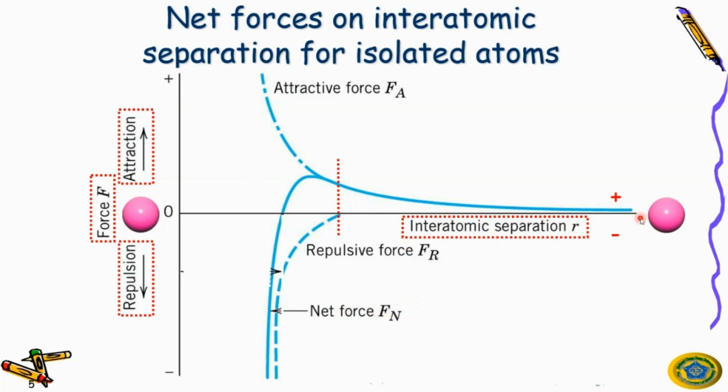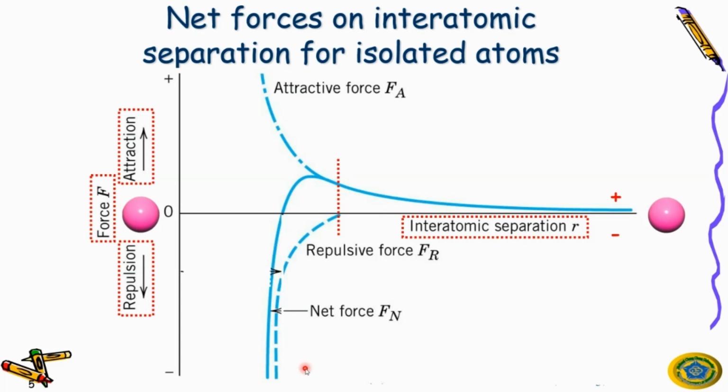According to this plot, the net force increases until a certain point, then it starts to decrease. Why? Because the repulsion force is too strong. For example, if these two atoms are very close, you cannot get closer anymore, because the repulsion force will push it out. It's like a magnet. So this is the line of the net force here.